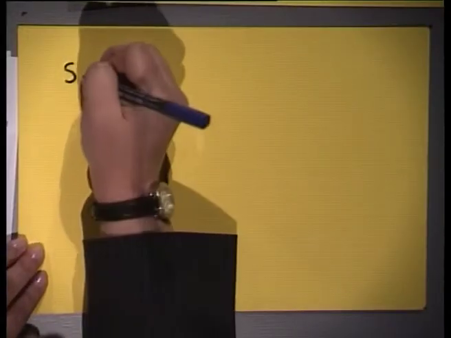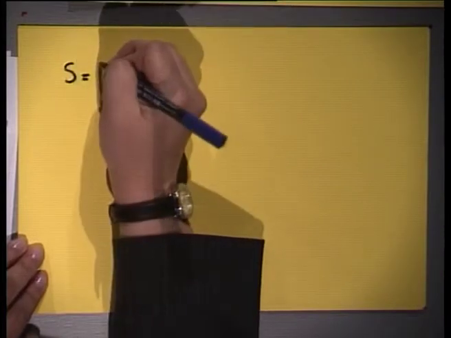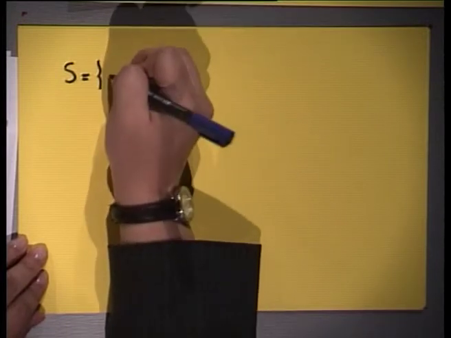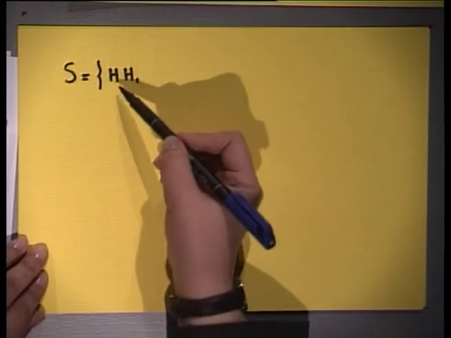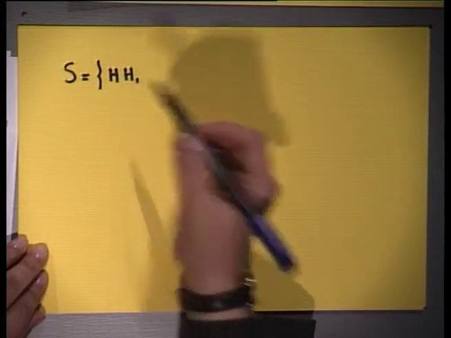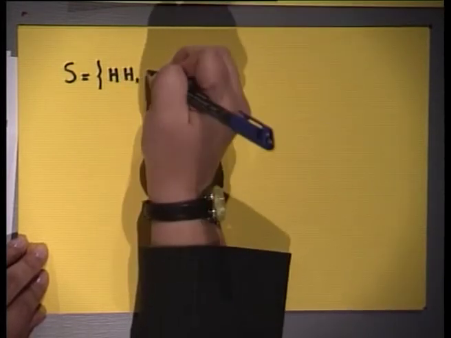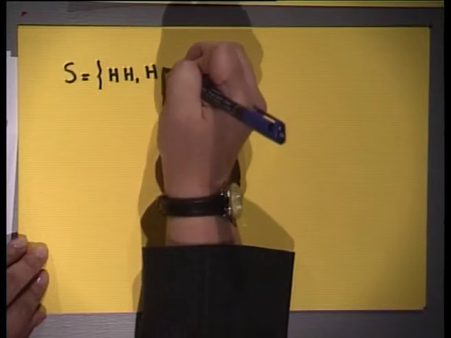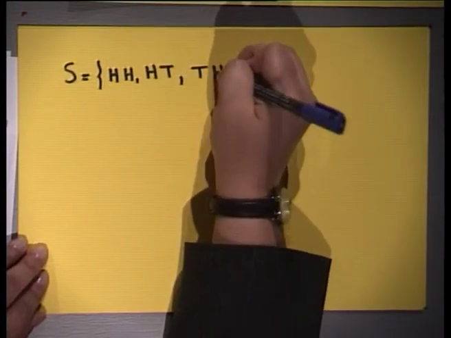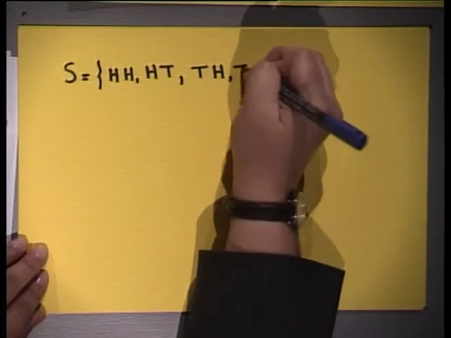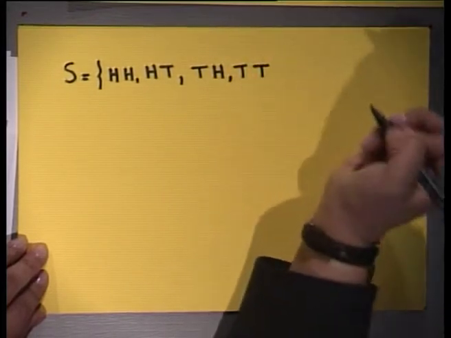We have that S in this case, as we have seen before, will be all possible outcomes: head-head, where we denote by H the outcome head, head-tail, tail-head, and tail-tail.